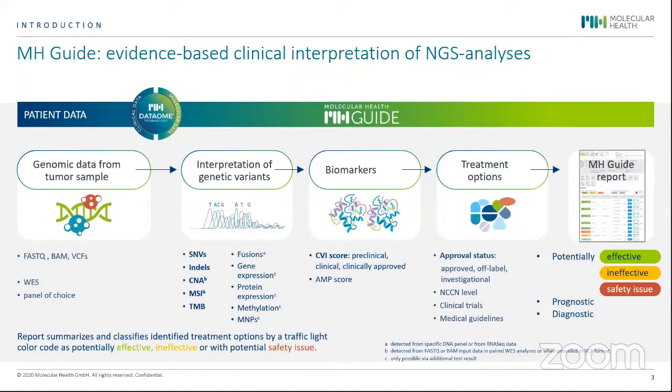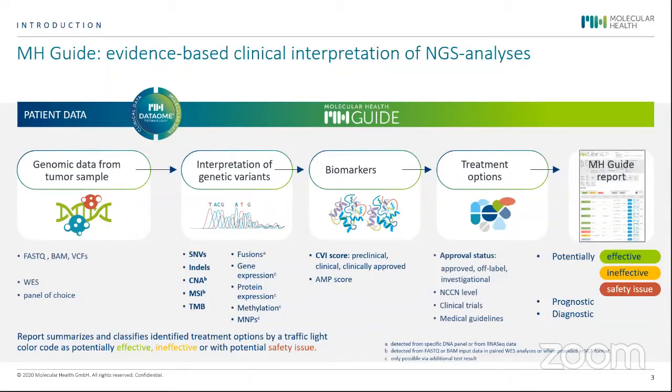And via VCF input, we can also interpret gene expression data, protein expression data, methylation, MNPs, and so on. The biomarkers are categorized by our internal CVI score, basically by the development status, so preclinical, clinical, clinically approved, and also the AMP score, so pathogenic, likely pathogenic, these kinds of things.